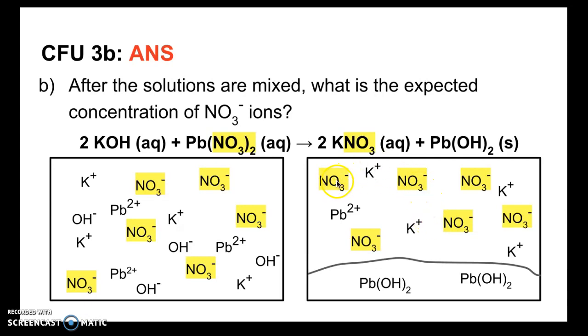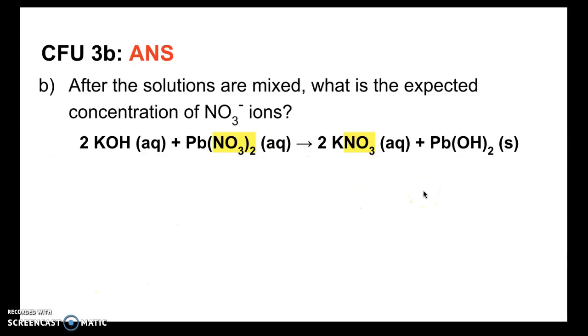And so you'll notice that since nitrate is in aqueous compounds on both sides, the nitrate that we start off with is the nitrate we end up with, the same number. So essentially, if I can just figure out the moles of nitrate in the lead nitrate that I used, then that's going to tell me the moles of nitrate that I have left over.